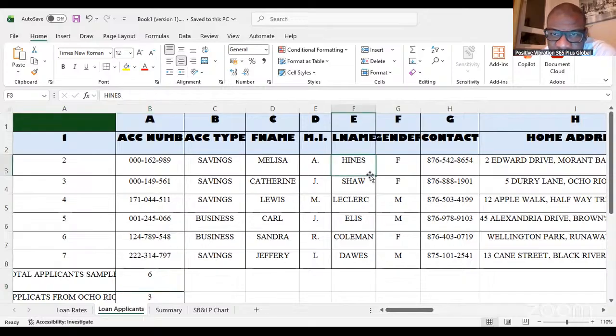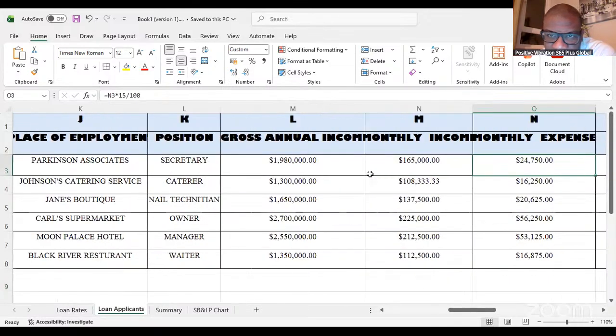Let me check that to make sure it's good. So far that criteria is being met, with the exception that we need to work on the other stuff. Then they say you have to calculate the monthly income, and that's that divided by 12, so that's fine.